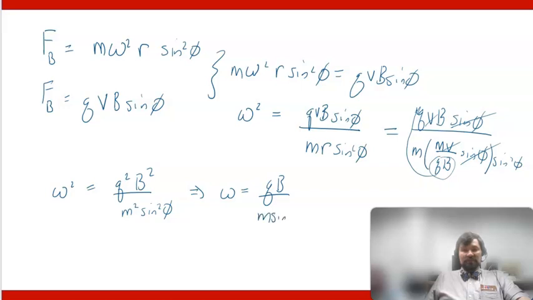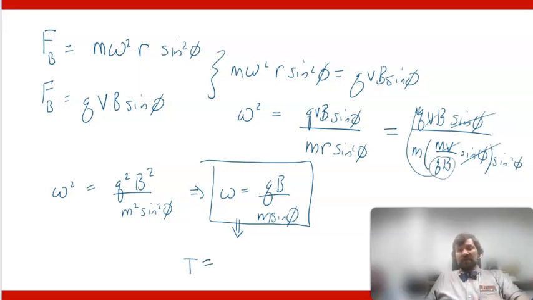Omega can also be translated into the period, how much time it takes to complete one cycle, one circular orbit, if you will. What you end up with for that is T is 2 pi over omega.